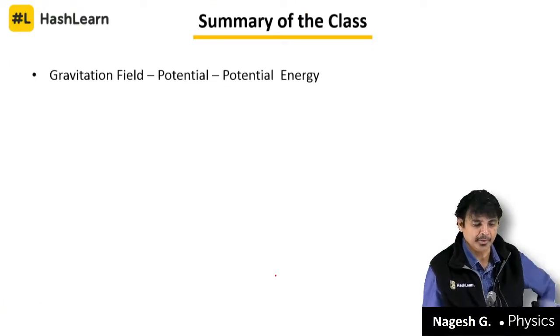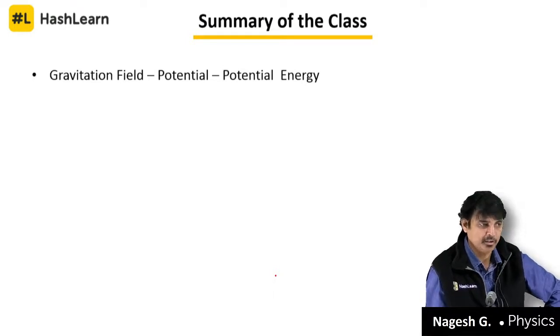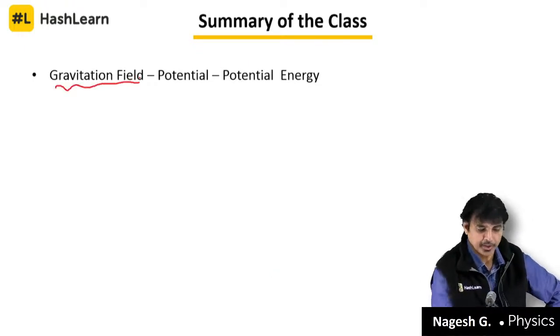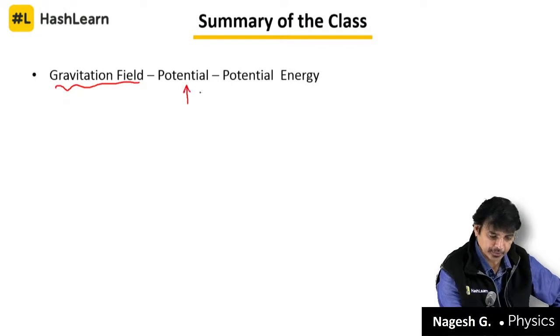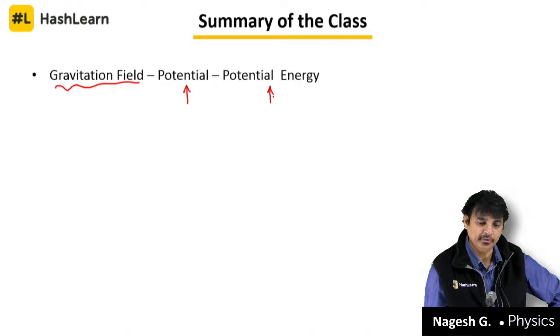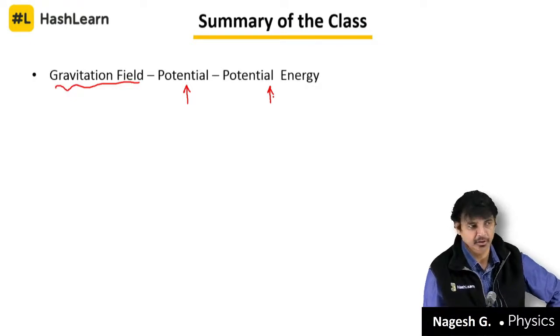Now, summary of the class, we discussed gravitational field, gravitational potential energy. Now, gravitational field we have done, and let us observe the gravitational potential as well as potential energy. It is again similar to the electrical potential. Here we are calling it gravitational potential.